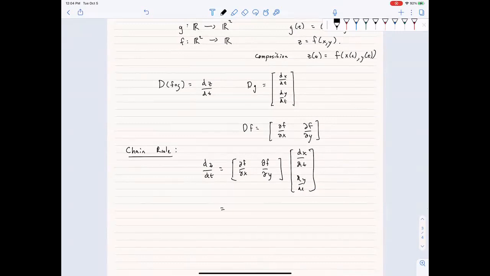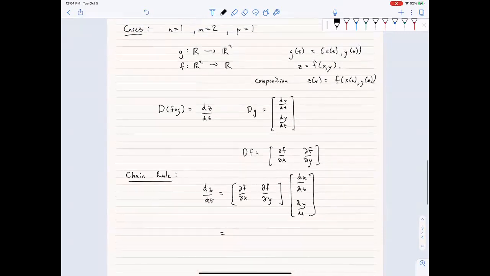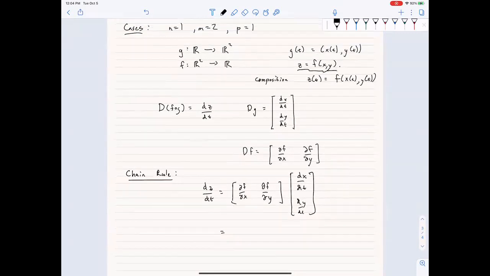Sometimes they'll write f as z because they've got this equation, so let me do that here, just to agree with the notation in the book. They think of z as the function. That's fine. So what do you get? You get del z del x dx dt plus del z del y dy dt.